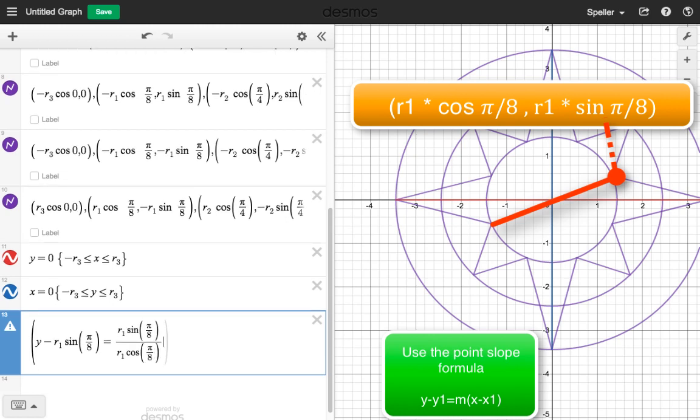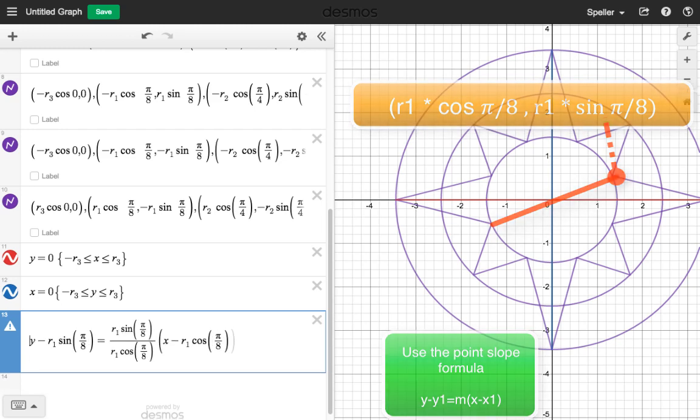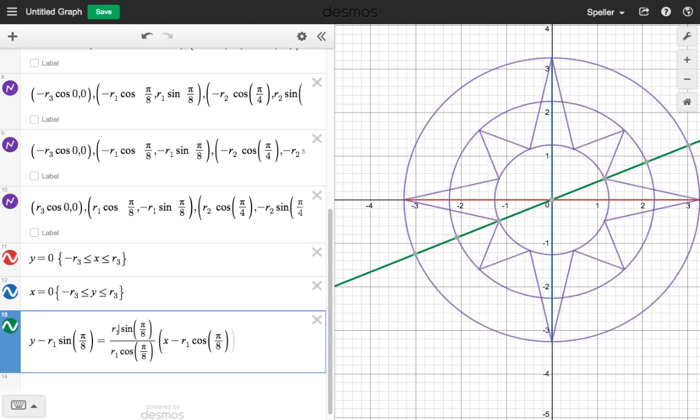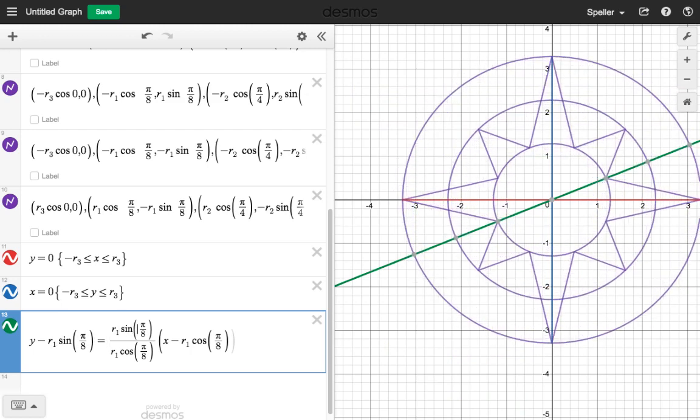That's the slope. Then we want x minus R sub 1 cosine of pi over 8. So there we see that diagonal line.